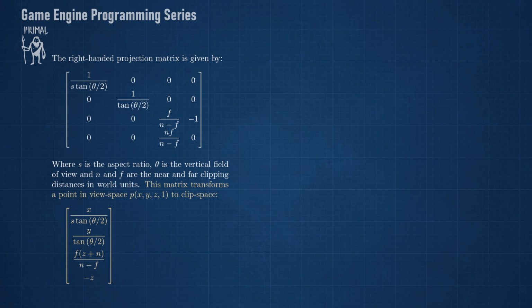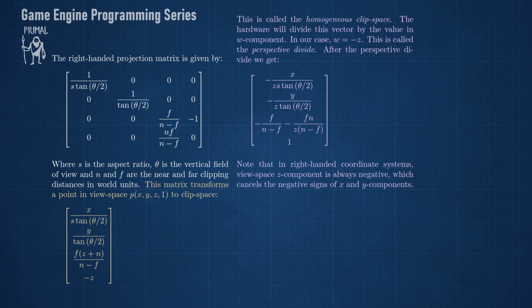This is because we want to fit every point in homogeneous clip space into normalized device coordinates, and to encode depth information in a range between 0 and 1, we need to divide this vector by the value in the W component. This is called the perspective divide, which brings our point fully into the NDC space.